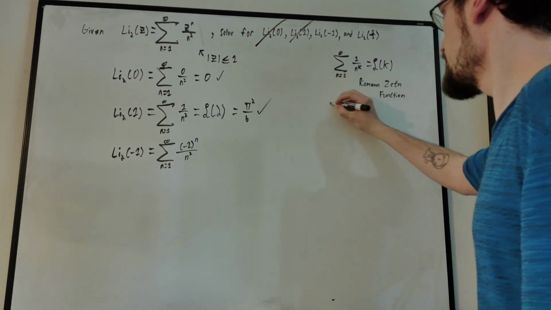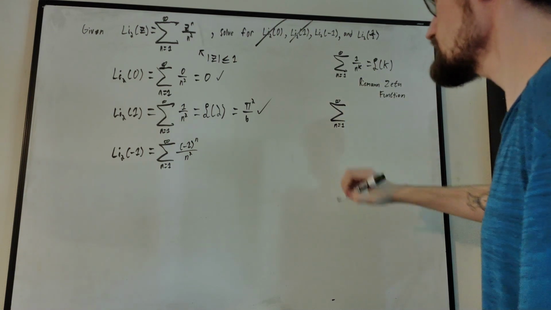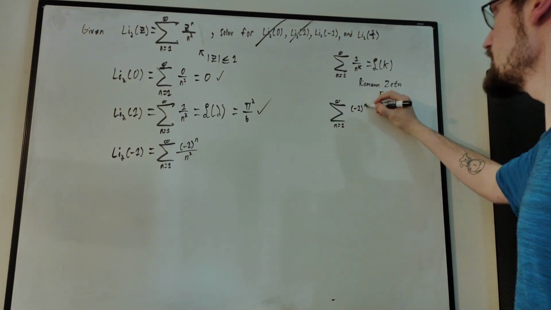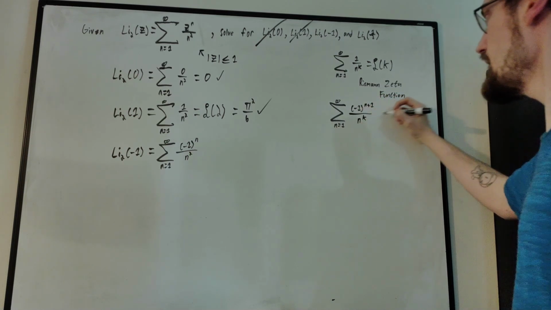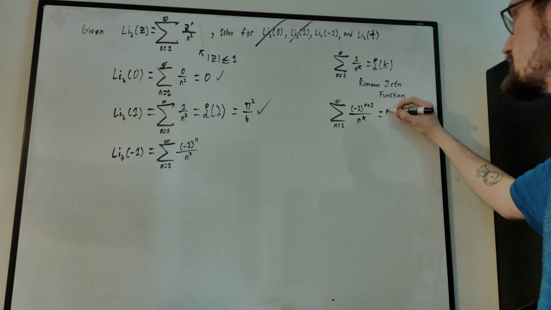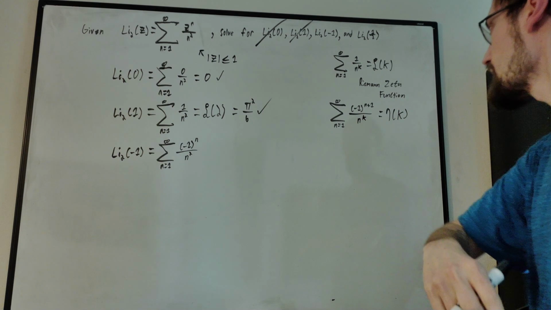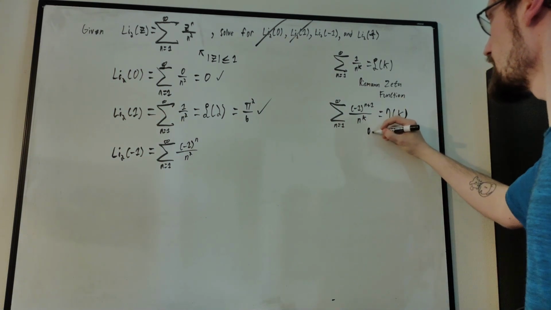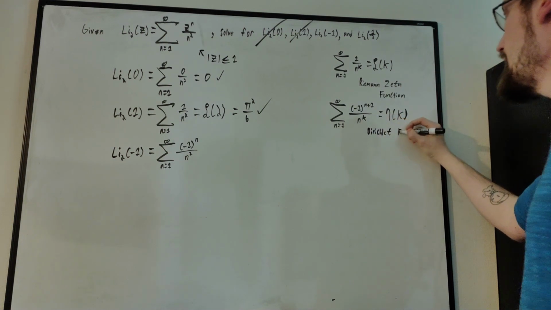So if we have a series from 1 to infinity of negative 1 to the n plus 1 over n to some value k, this equals the Dirichlet eta function evaluated at k. We'll write that out. The Dirichlet eta function.